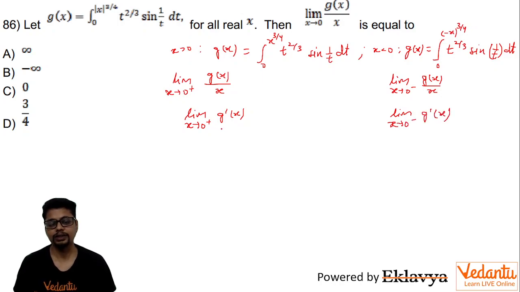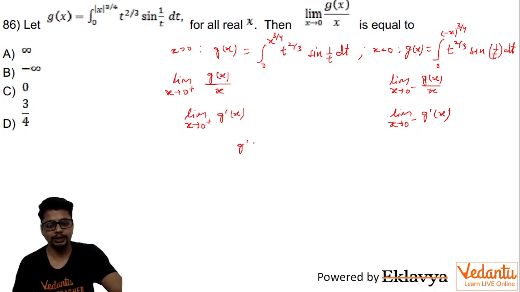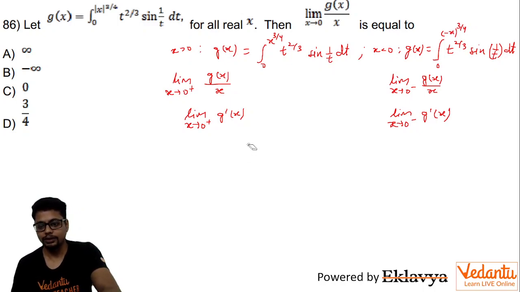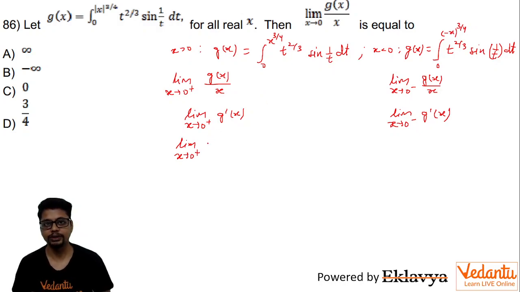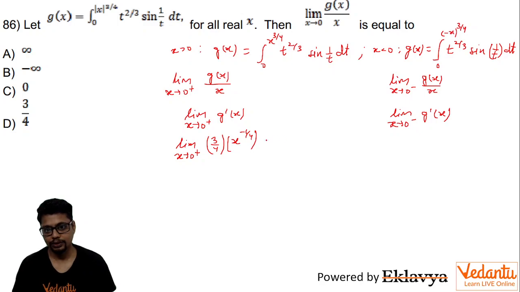So here, what is g prime x? g prime x would be different for x greater than 0 and x less than 0, so to speak. So limit x tending to 0 plus g prime x would turn out to be, you can use Newton-Leibniz. Here it turns out to be 3 by 4 x to the power minus 1 by 4.